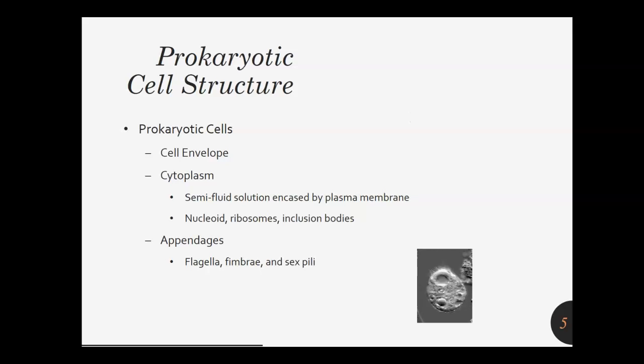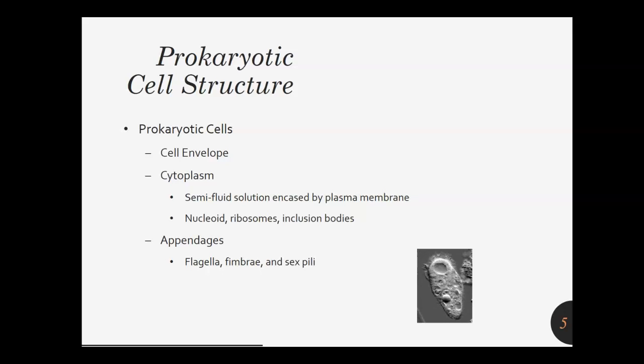All right, so let's move on to prokaryotic cell structure. First, you'll have the cell envelope, and there are three parts that we want to look at. Starting from the innermost, that would be the plasma membrane, moving then to the cell wall, and then finally the covering, which is the capsule.